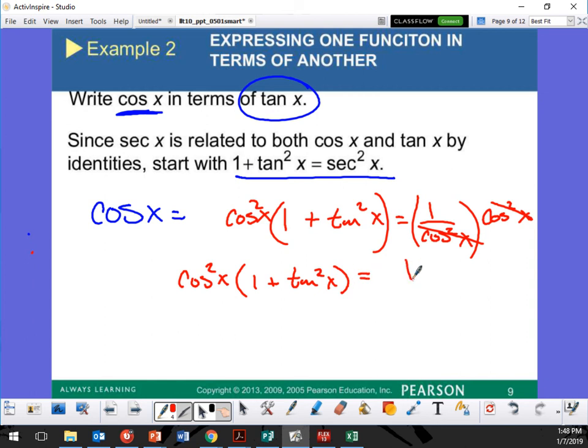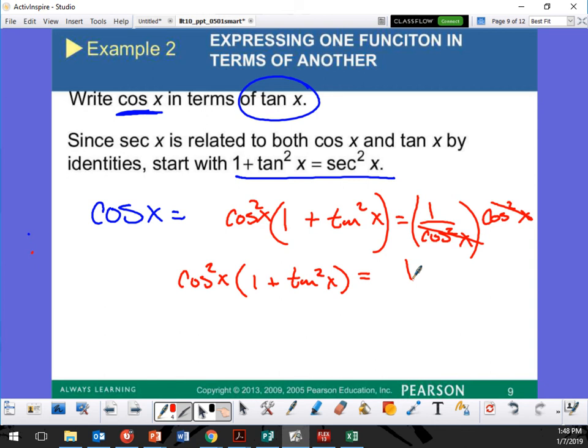I'm almost there. I got to get rid of my 1 plus tangent squared, right? What's happening to it right now? Is it multiplying? Yes, it's multiplying. How do I undo a multiplication? Divide. So I'm going to divide both sides by, not cosine, 1 plus tangent squared x.